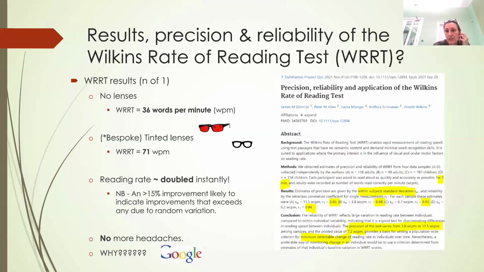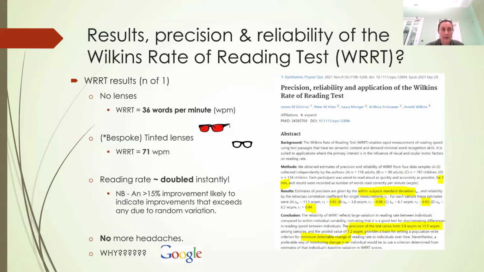The results, and the precision and reliability. So the Wilkins rate of reading test for the N of 1 without lenses was 36 words per minute. With her bespoke tinted lenses, it increased to 71 words per minute, which was almost doubling the reading rate, which was quite a moment, let's put it that way.